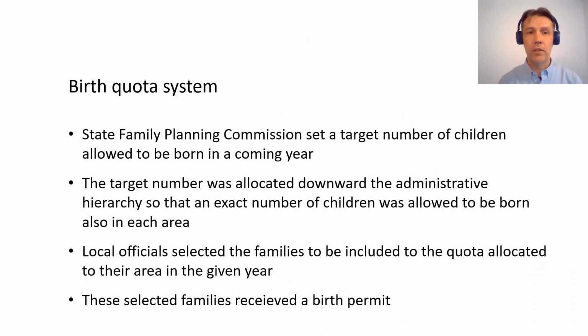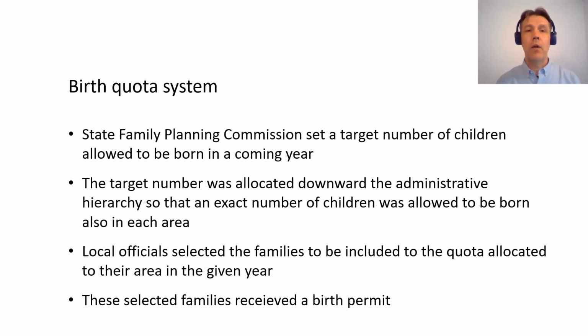So let us look at the main features of the birth quota system. The State Family Planning Commission set a target for the total number of children that were allowed to be born in a given year. And then this total number was allocated downward through the administrative hierarchy, so that the exact number of children allowed to be born in each area was set.